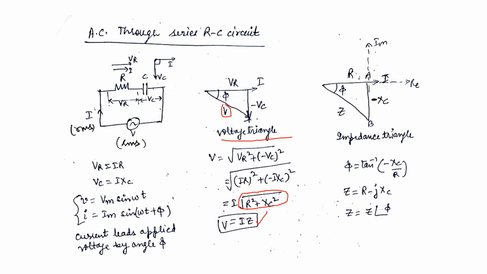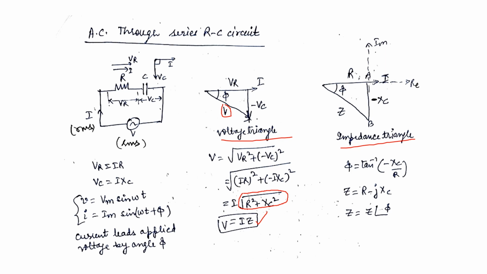The unit is ohms. Now we can make the impedance triangle as we have made in the case of the RL circuit. So for the RC circuit also we can make an impedance triangle. This is the real axis and this is the imaginary axis. R will be drawn in phase with the current I, along the real axis.